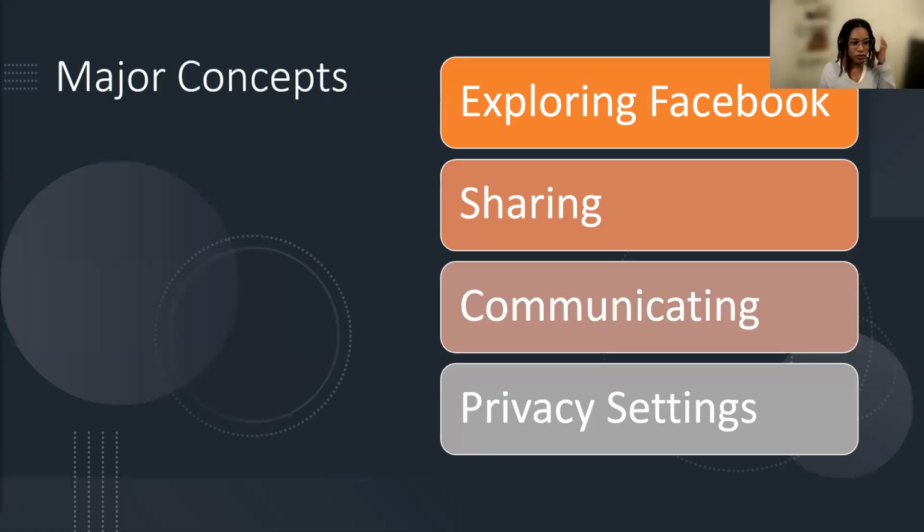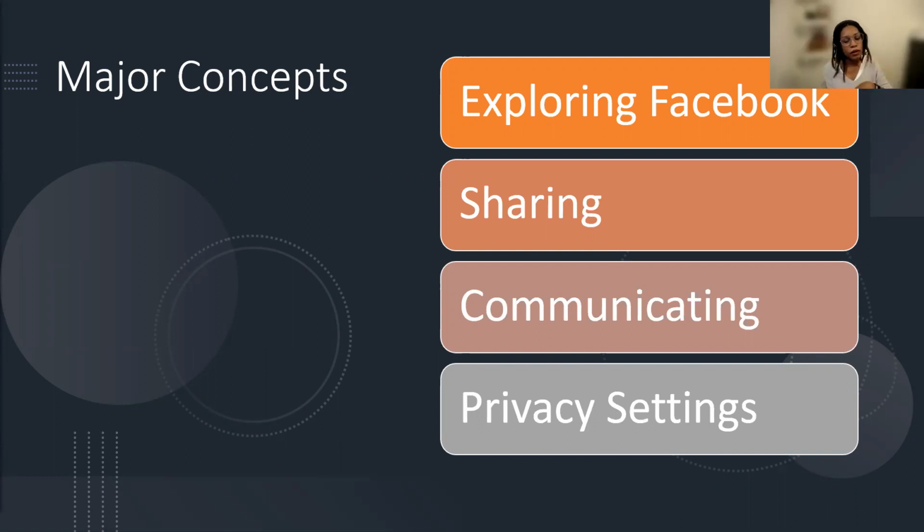All right. So I've broken today's presentation up into a few major concepts, and we will have demonstrations following each section. So it's going to be quite the demonstration heavy Tech Tuesdays. First, we're going to talk through Facebook in general. So exploring what the homepage looks like, looking through your friends list, exploring your profile.